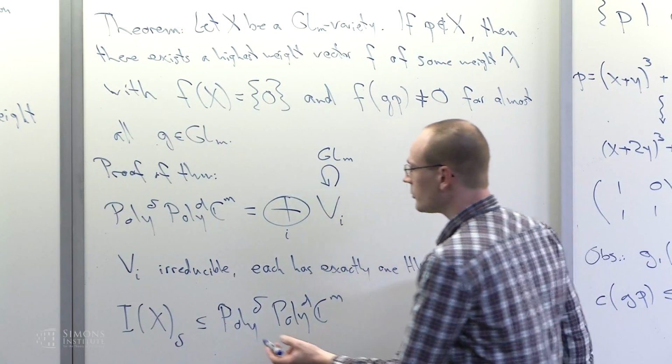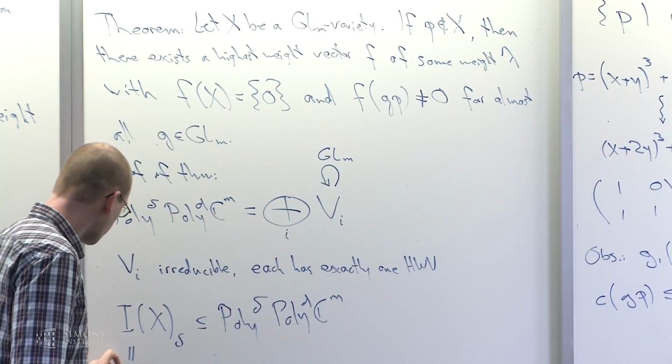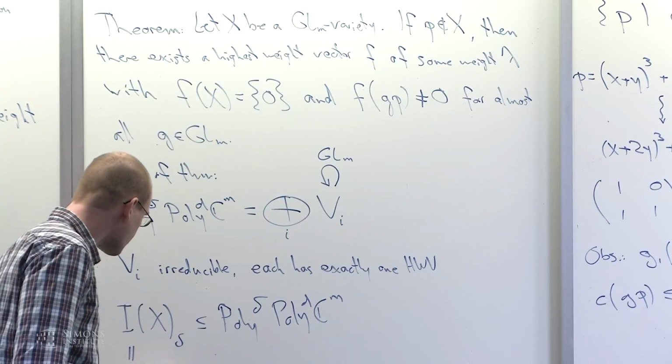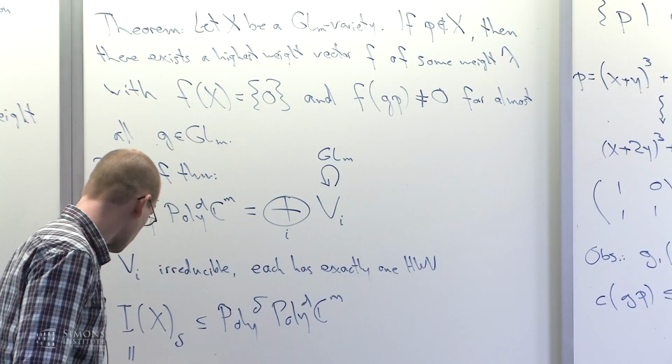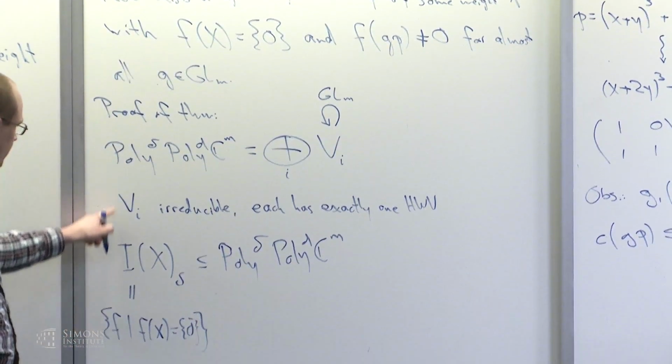So let me define this properly here: the f such that f of x is vanishing. Now here you also have the group action. It's actually a sub-representation of this one.